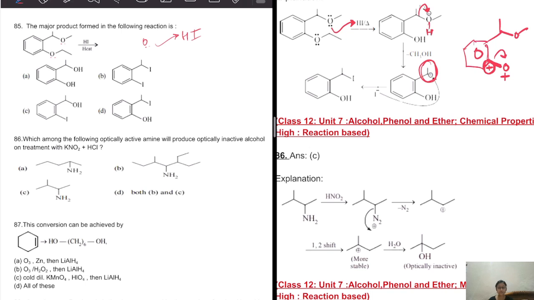Benzene ring cannot have the plus charge. It's already sp2 carbons, it has lesser stability. So plus charge will be very unstable on the sp2 carbon. It is stable on sp3 carbon because it has more electron density to stabilize it. So it will be from oxygen, and then we have this carbocation and we have the nucleophile I negative, which will attack here.